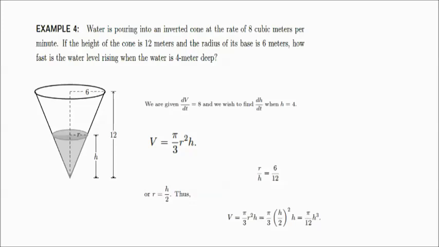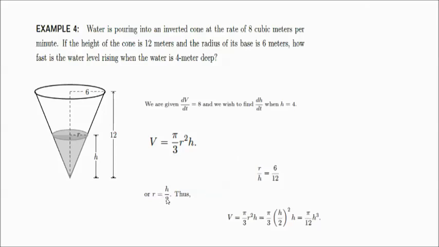So yung r proportional sa 6, yung h, class, is proportional sa 12. So we will use that ratio and proportion. Ngayon, so simplifying, we will have r is equal to height over 2. Okay? So meron ka ng equation for r.